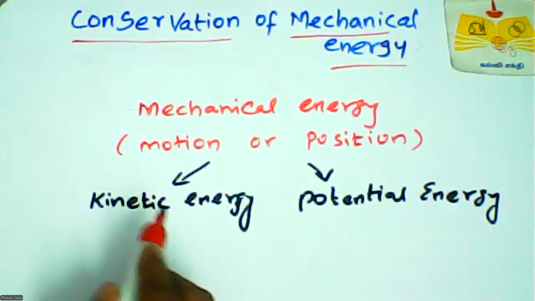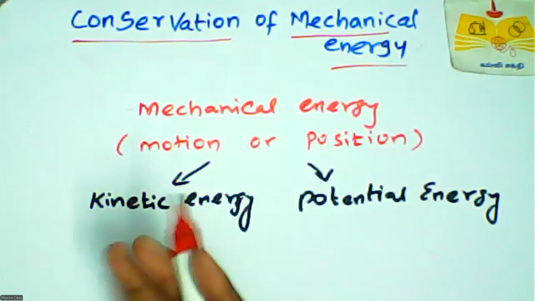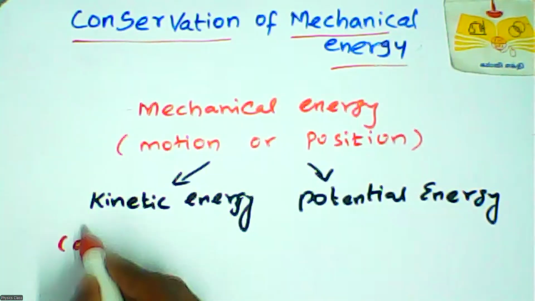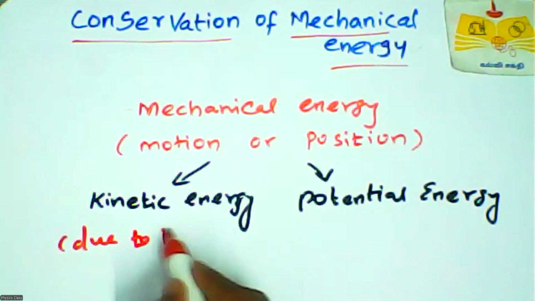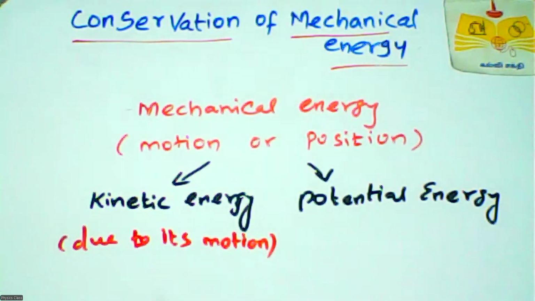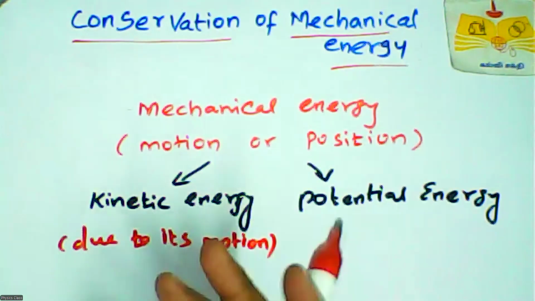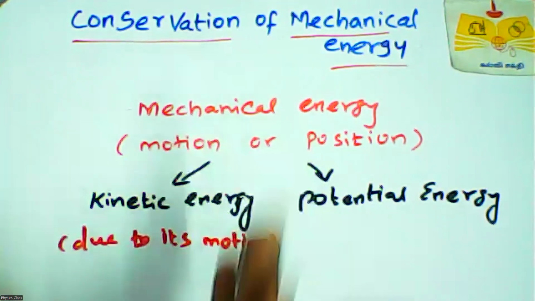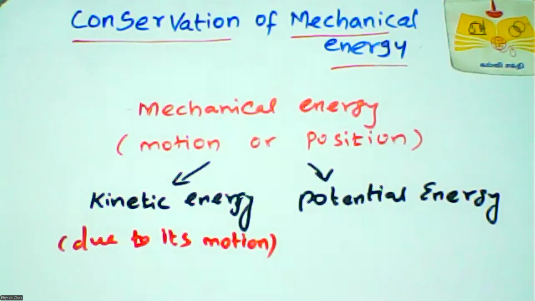Suppose something is moving, it has kinetic energy. Suppose one ball is moving, it has kinetic energy. We know the formula, half mv square, which we have already studied in earlier classes. Half mv square.